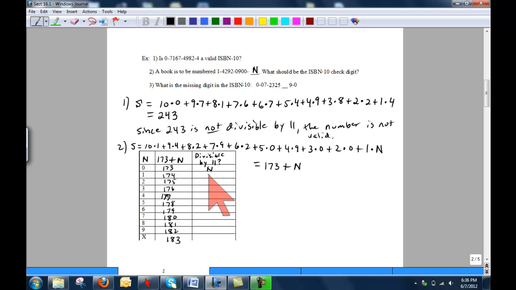And it turns out to be no, no, no, yes, no, no, no, no, no, no, no. Okay, I want this sum to be divisible by 11, and so there is only one possible choice for the check digit. Choose n equal 3.